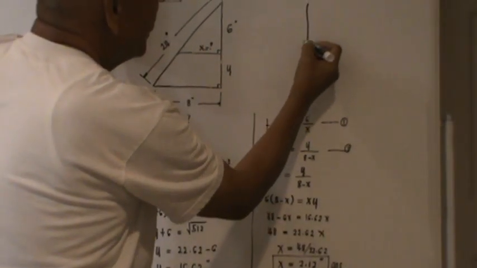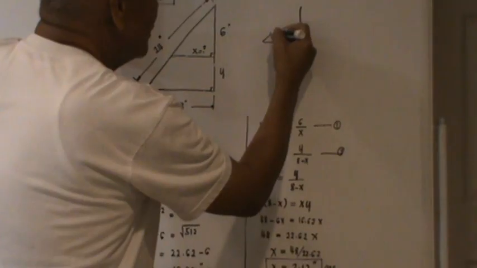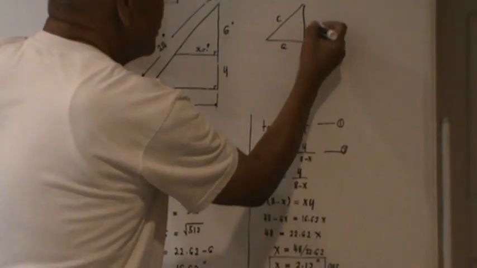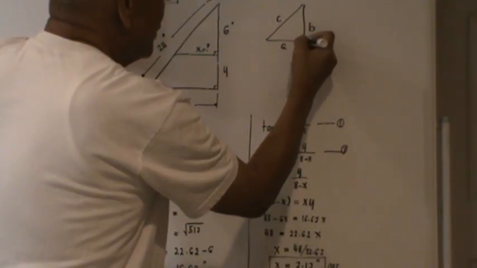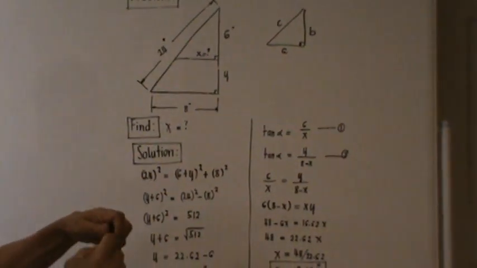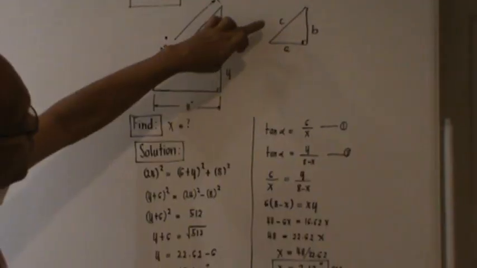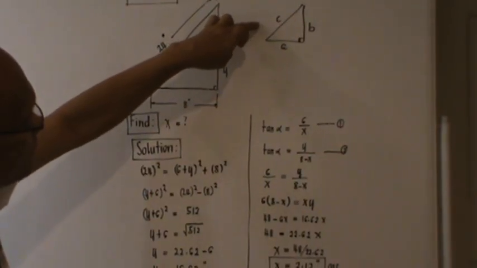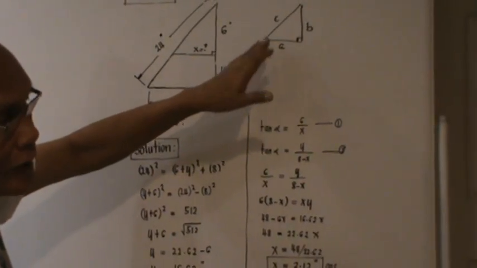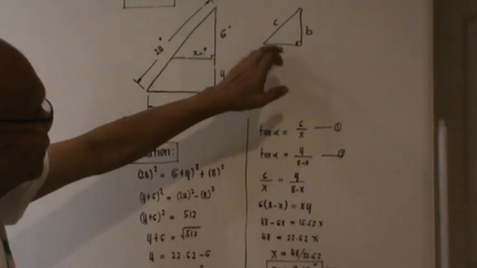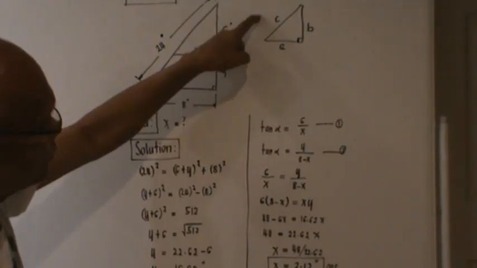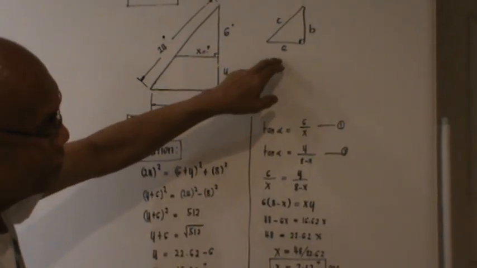Like in any right triangle, if this is C, this is A, and this is B, the square of the hypotenuse should be equal to the sum of the squares of the two legs. For a right triangle, it has two legs, the horizontal leg and the vertical leg. Meaning to say, the square of the hypotenuse should be equal to a square plus b square.